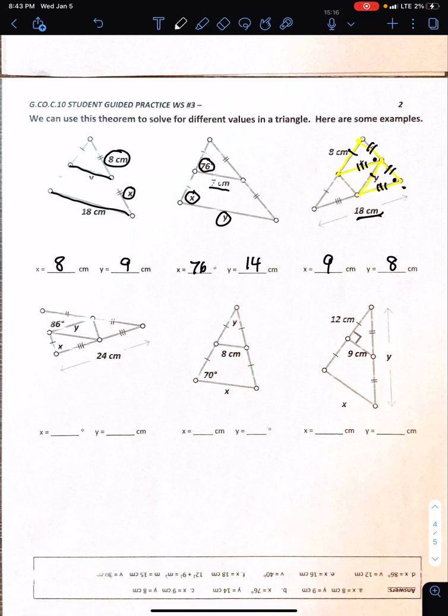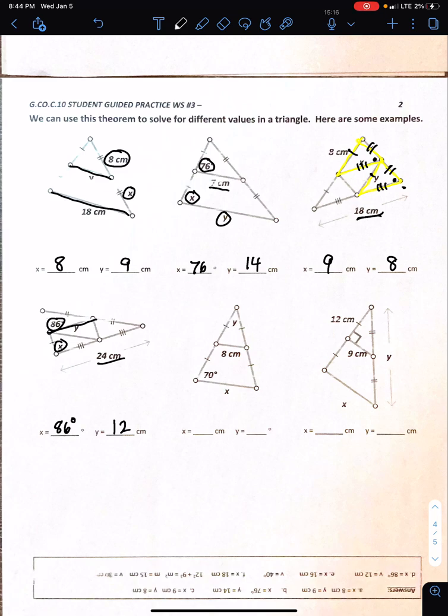Okay, next example, x is the corresponding angle because they're parallel, so 86 degrees, and y is the mid-segment, so half the third side. Okay, this example, we have an isosceles triangle here.